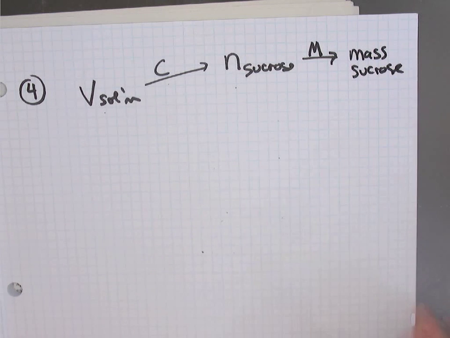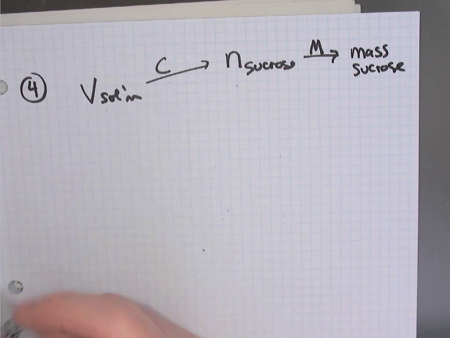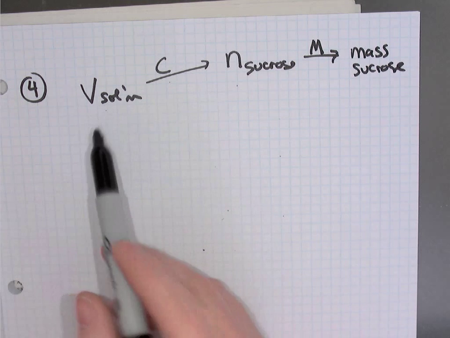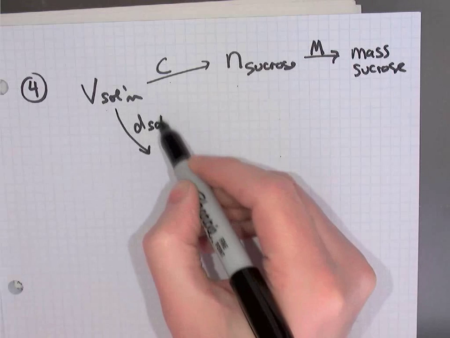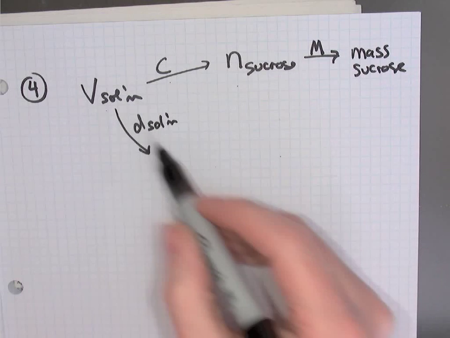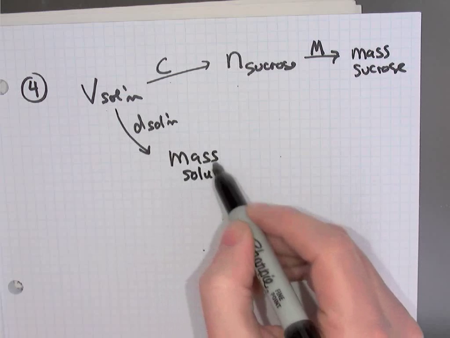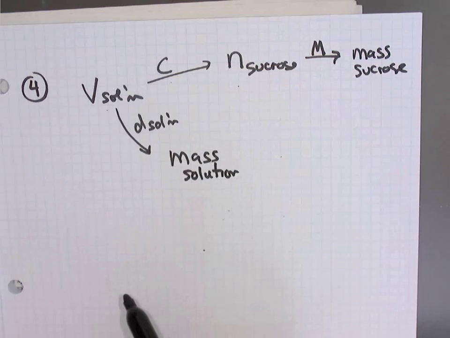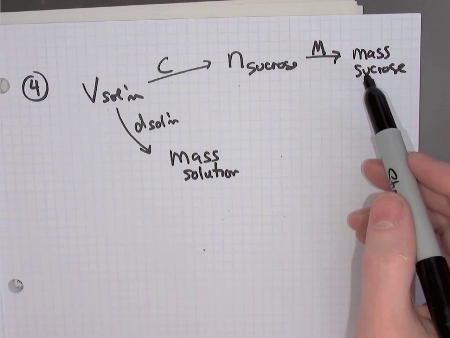Alright. We were also given the density of the solution. Now, what could we do with the density of the solution? Well, we know the volume of the solution. So if we use the density of the solution and the volume, we could find the mass of the solution. Mass of solution, mass of sucrose.